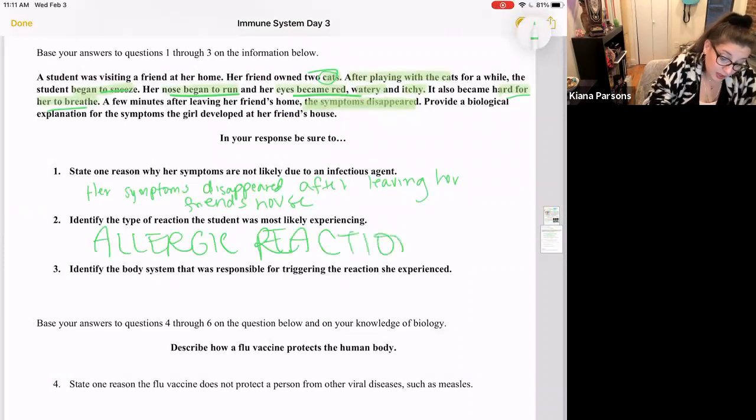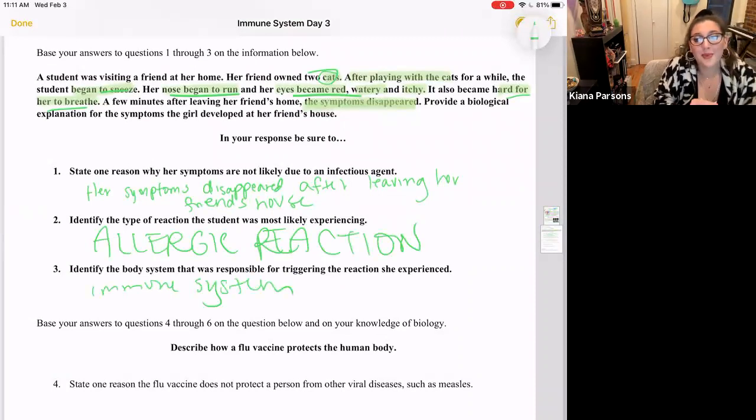And what is the body system responsible for triggering the allergic reaction? Why, the immune system, of course. So again, you can see why maybe that's a little bit more fun to do by yourself before going through the answers with me, right? But yeah, she's allergic to cats.